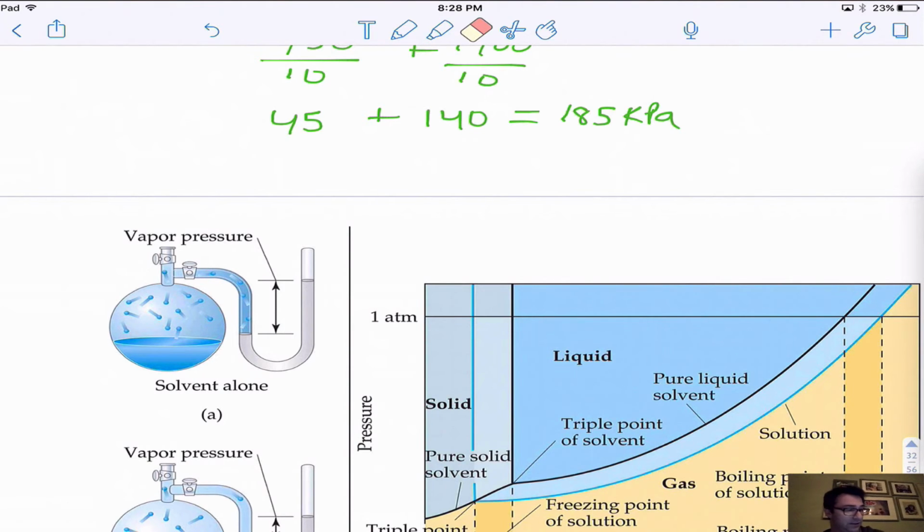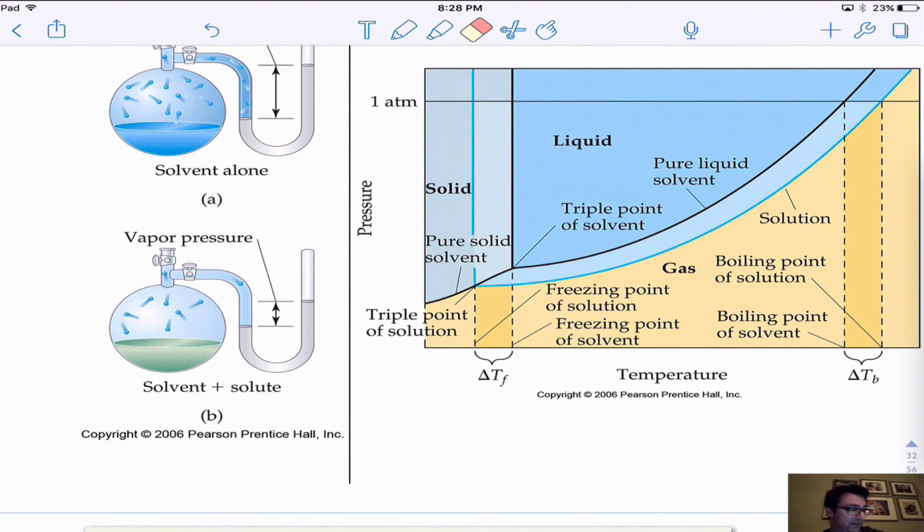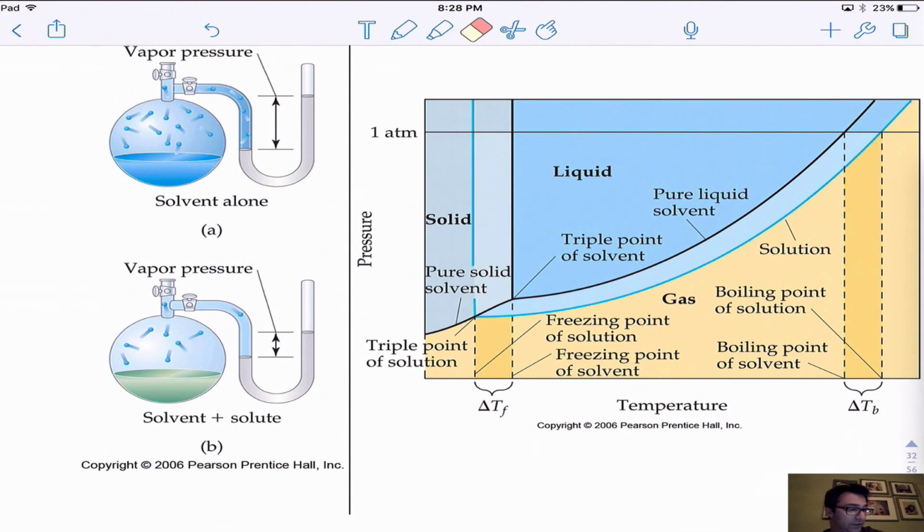This graph right here is sort of a blast from the past. In the beginning of the year, we had done one of these graphs where we did the phase diagrams. And these lines that I just highlighted are the transition between solid and liquid and gas.